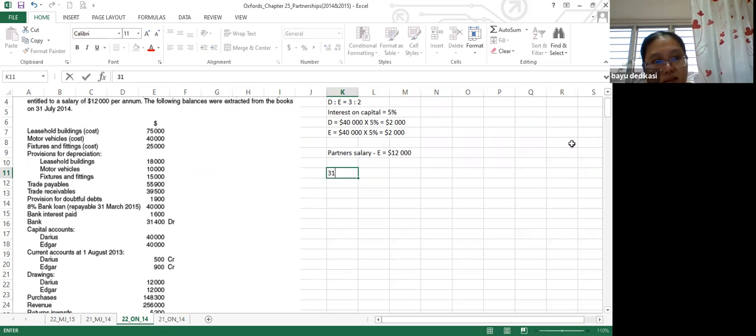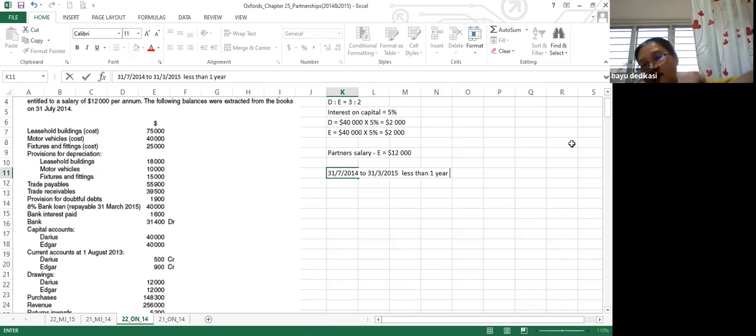So from 31st July 2014 to 31st March 2015, this is basically less than 1 year.